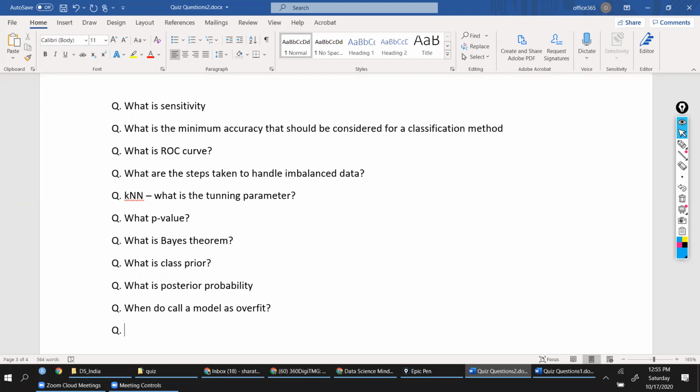The name is coefficient of determination, SSR by SST. Yes, it captures the proportion of variance.